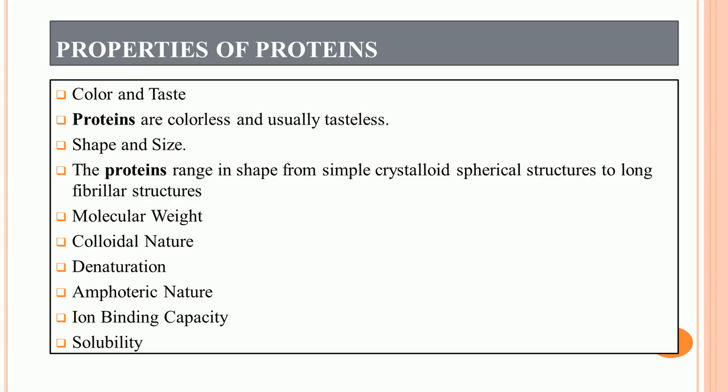On the basis of shape and size, proteins range from simple crystalloid, spherical structures to long fibrillary structures. They have a proper molecular weight, and they are colloidal in nature. Denaturation phenomena occur, while some of them are amphoteric in nature, and some have ion binding capacity and solubility.